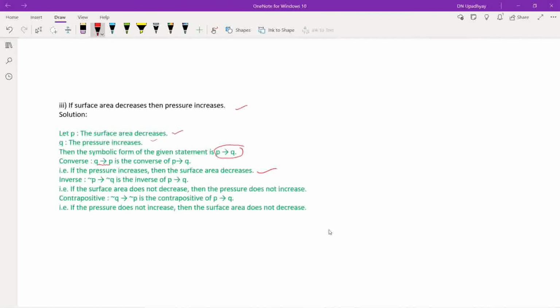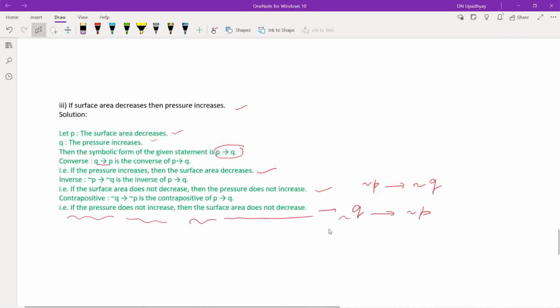Just reverse the order. And inverse, negation P to negation Q. If the surface area does not decrease, then the pressure does not increase. And this one will be negation Q to negation P. So what will be the answer? If the pressure does not increase, then the surface area does not decrease. Very easy. Okay.